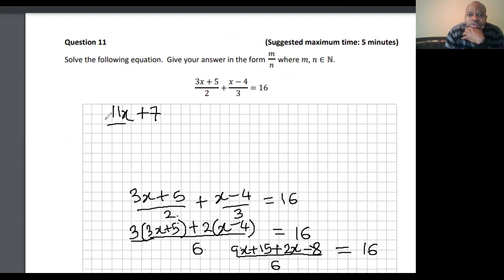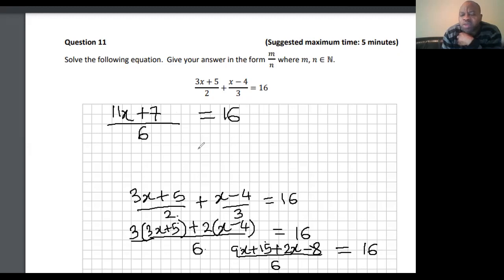Then don't forget your division, divided by 6, your common denominator. We always add like terms together, add all the x's and all the numbers, equals to 16.